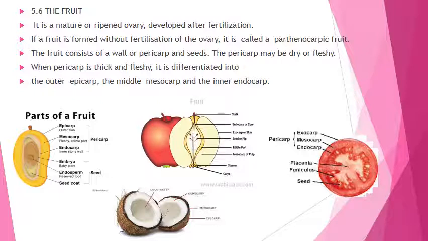Then comes the coconut. All are very familiar with these fruits, so I need not explain too much, but this is the biological explanation that is required. If we cut the coconut, you will find the endocarp which we eat, which is called copra.